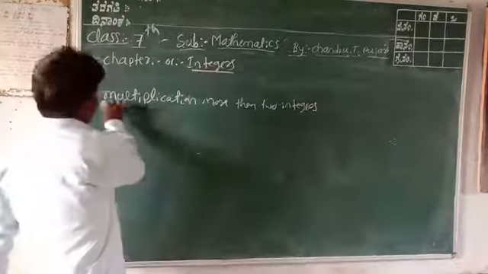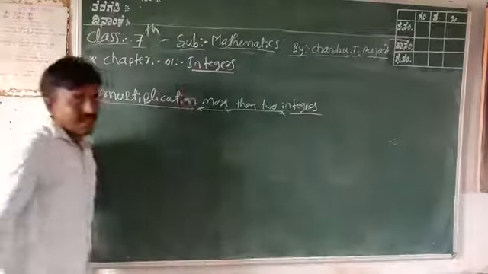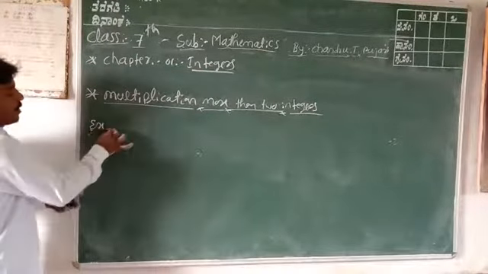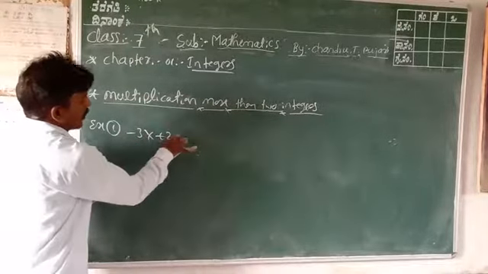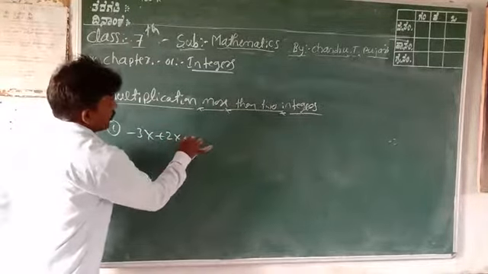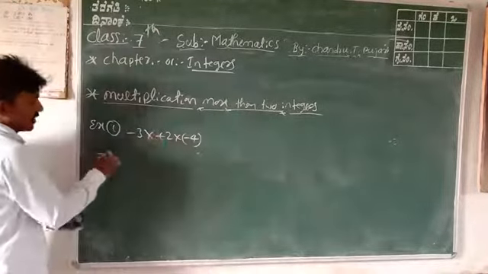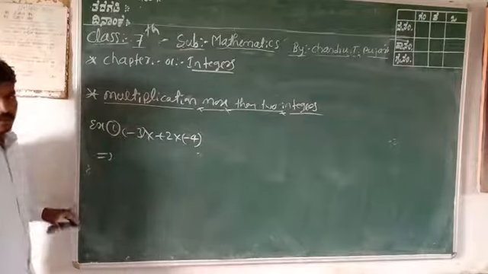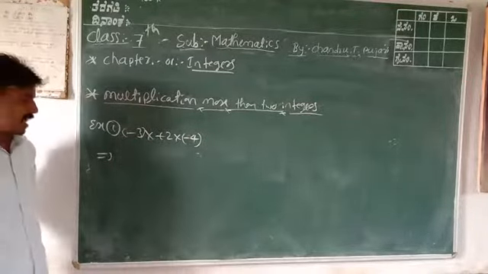How to do the multiplication of more than 2 integers? For example number 1: minus 3 into plus 2 into minus 4. Do the simplification. There are 3 integers here. How can you do the simplification?